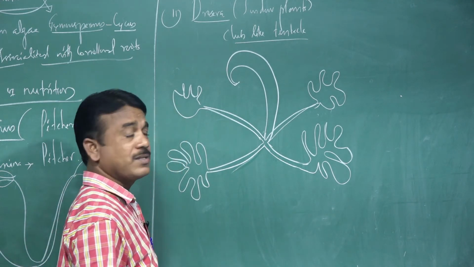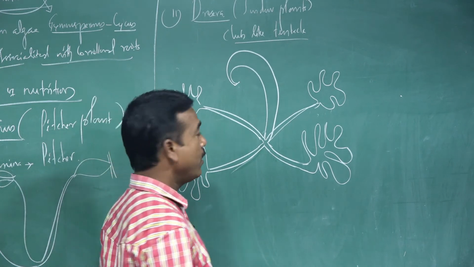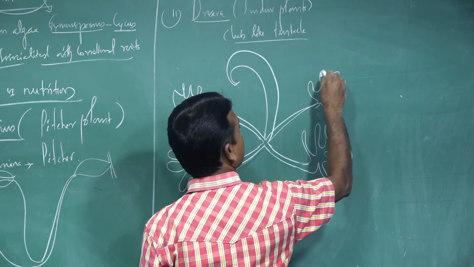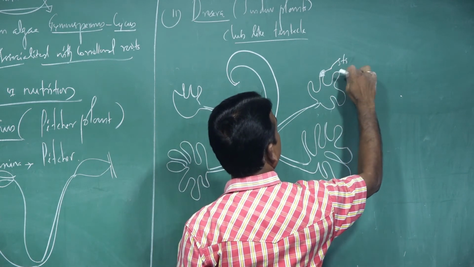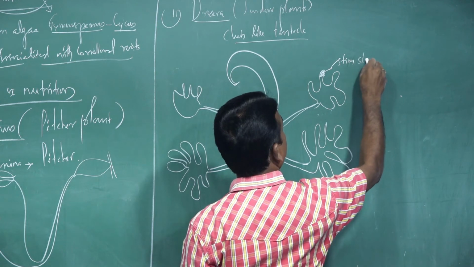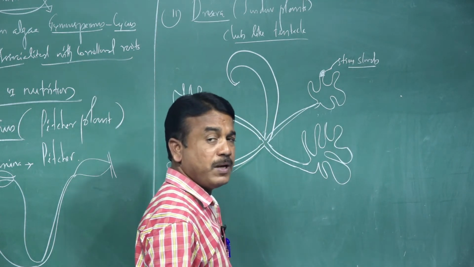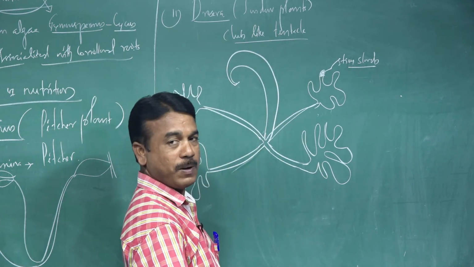There are numerous club-like or finger-like projections. The tip of the tentacle secretes sticky glands. Those glands appear like dew, so it is called the dew plant.